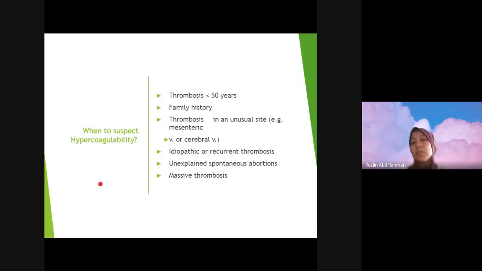Venous thrombosis is usually because of activation of the clotting system. If the patient has a family history and recurrent thrombosis at a very young age, it clicks in our minds that he probably has some hypercoagulable problem. Also thrombosis at an unusual site, unexplained spontaneous abortion, or a very large thrombosis found.